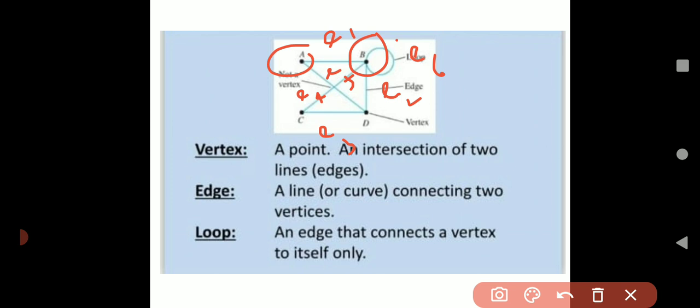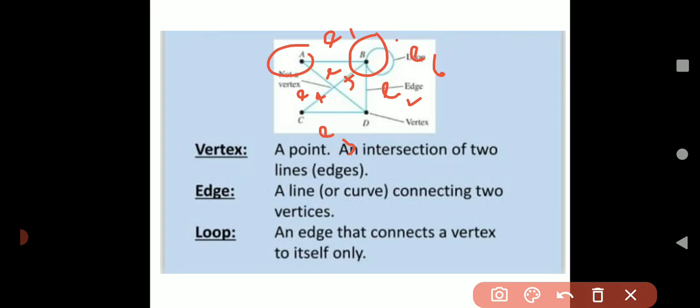If two distinct lines E1 and E2 are incident with a common point, then they are adjacent lines. Here we have E1 and E2 have a common point B. So E1 and E2 are adjacent lines or adjacent edges.